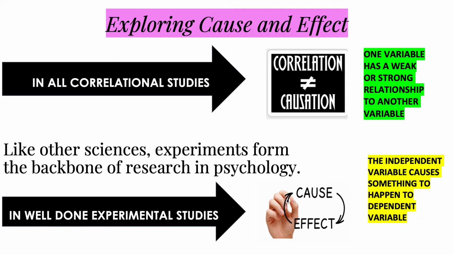But today, if you look at the bottom of the slide, like other sciences, as I said before, experiments form the backbone of research in psychology. And in a well-done experimental study, cause and effect does happen, right? The independent variable causes something to happen to the dependent variable.